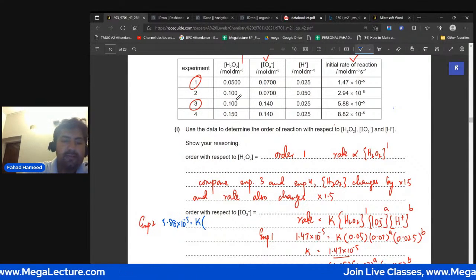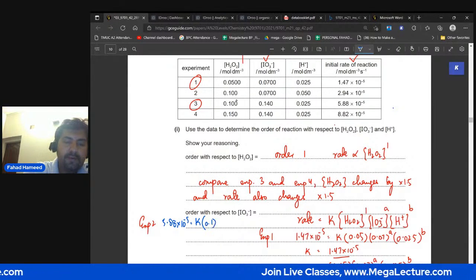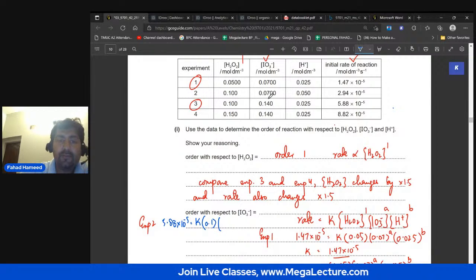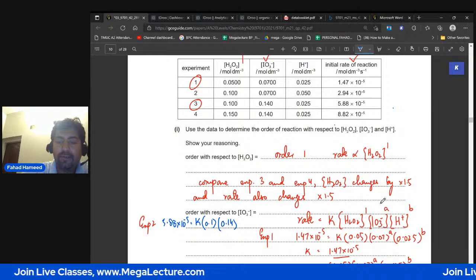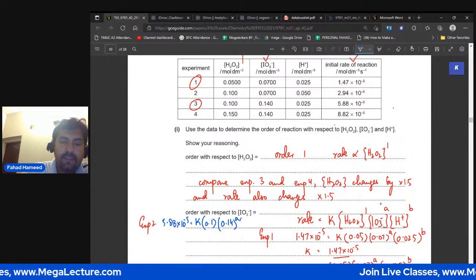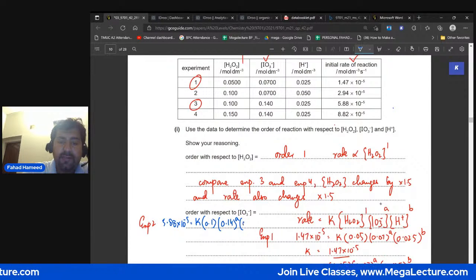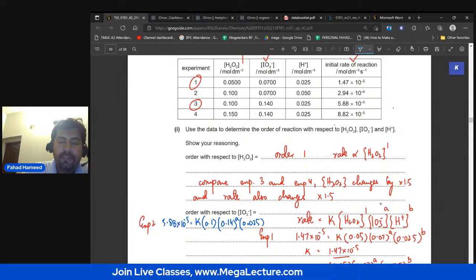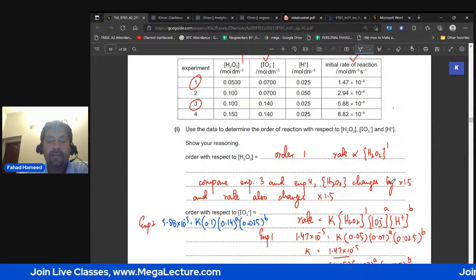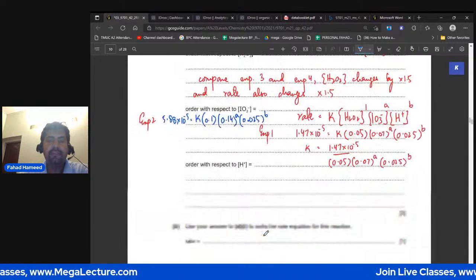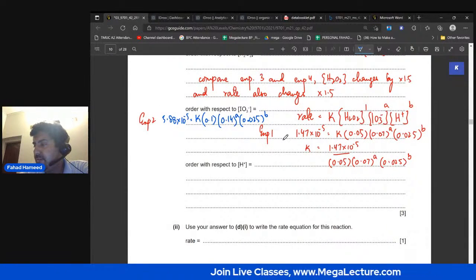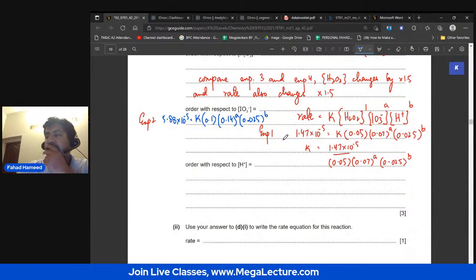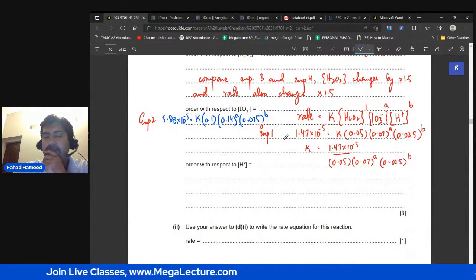H2O2, that's 0.1, power 1. The other one is 0.14. That's the power that I don't know, so I'm going to call that A. And the other concentration is still 0.025, and that's power B. So I've got my two expressions. Experiment 1 and experiment 2 values were plugged in.